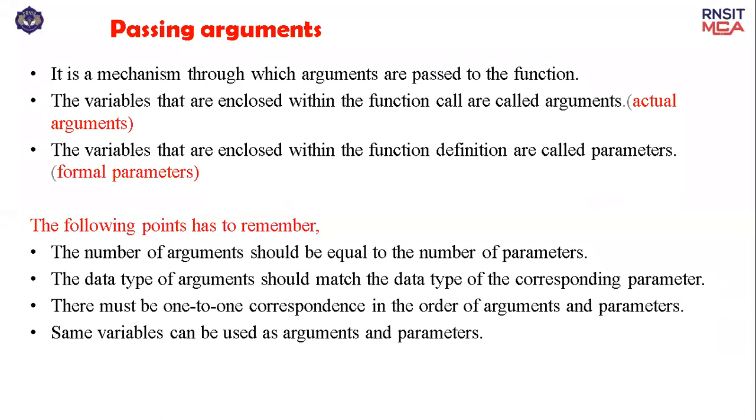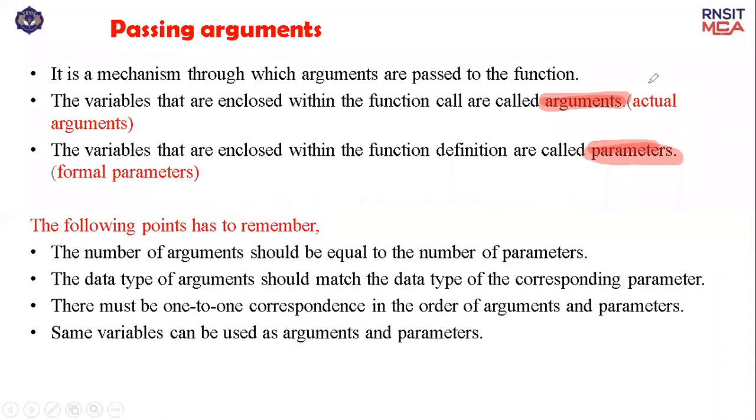And the variables that are enclosed within the function definition are called parameters. So you have to underline, I think I told in the beginning itself, please note down important terms. This is one important term, and this is another important term, arguments. So you can see arguments and parameters, very, very important thing. You never forget.